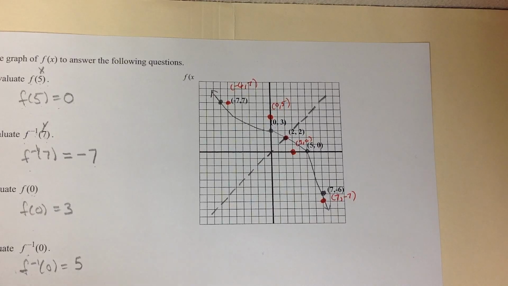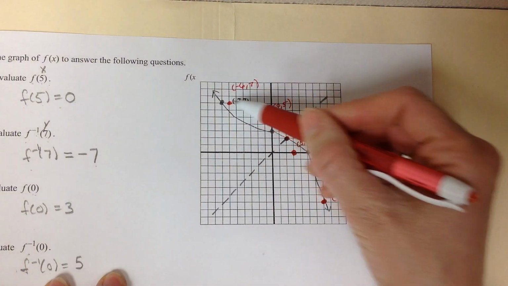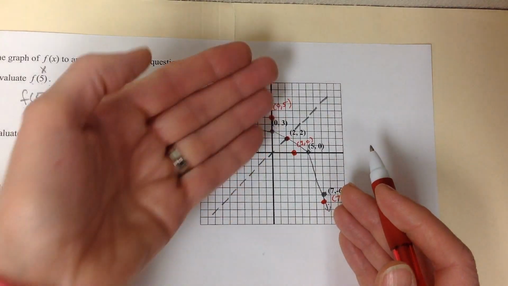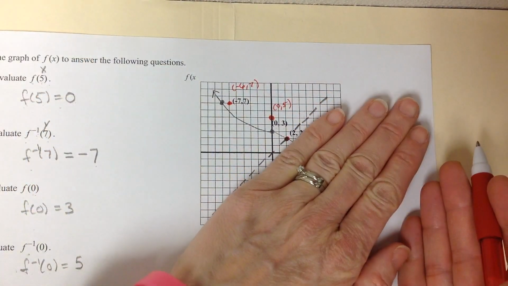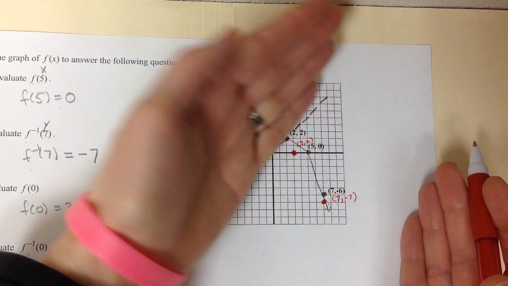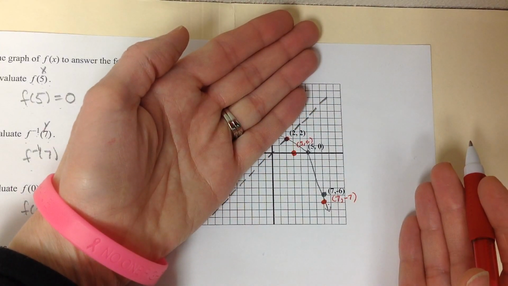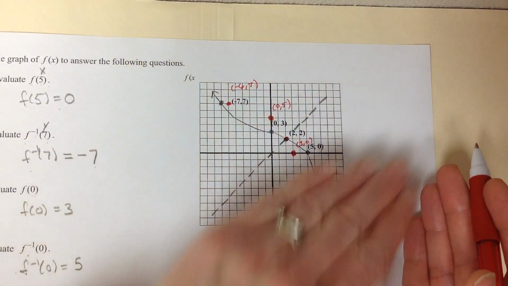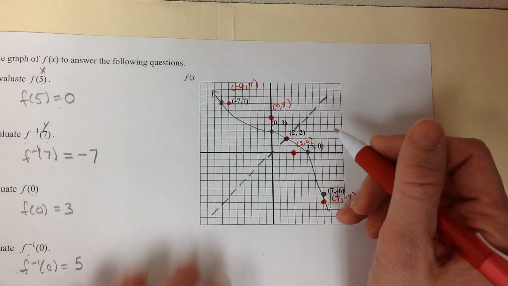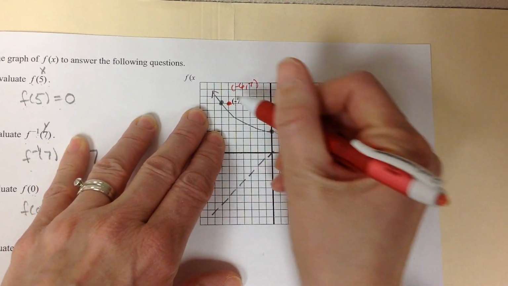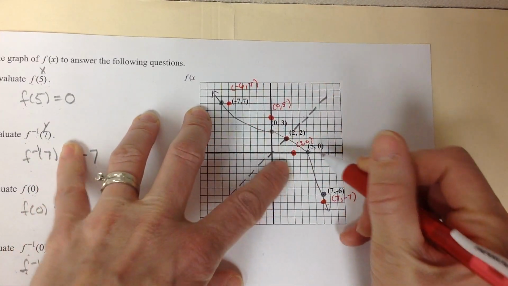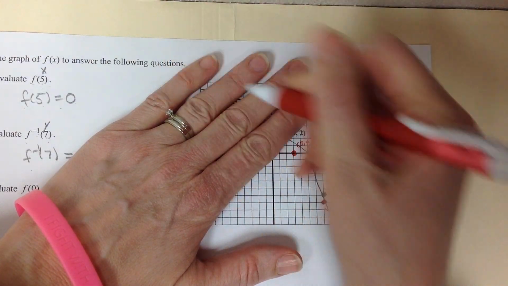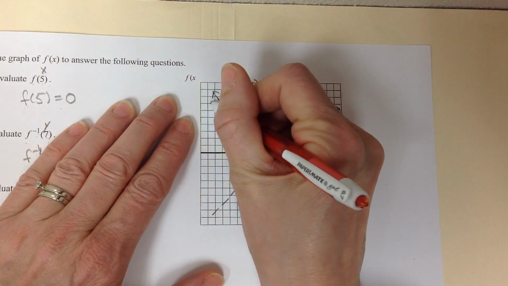Okay, so now to finish off the sketch, I've got these points for reference, and I'm also going to use the idea that I'm going to reflect over the line. So anything on one side of y equals x for the original function will be on the other side of the line for the inverse, and vice versa. Alright, so let's see. Connecting my points here, I'm going to start over this way. So if I reflect this portion of the graph, it's going to do something like this, and I have points to shoot for.